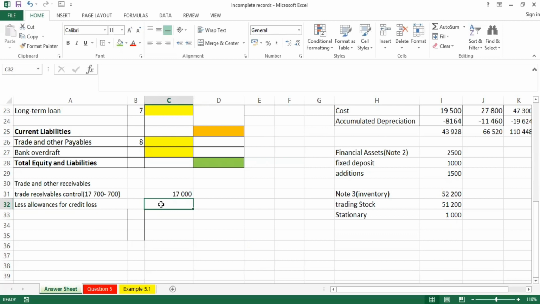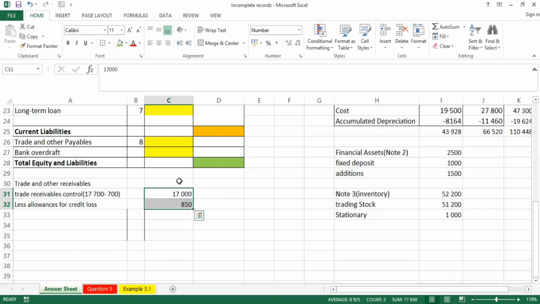They told us it equals 5% of good trade receivables, which is 5% of this, after you take into consideration that you have to minus the 700 that must be written off, which is 17,000. Then enter. It gives us 850.